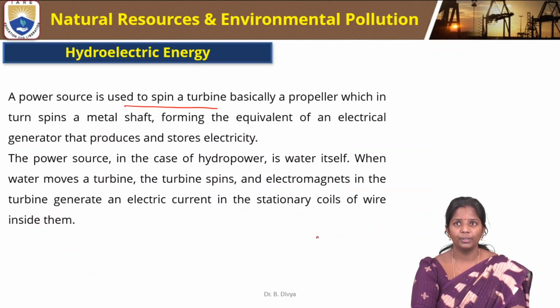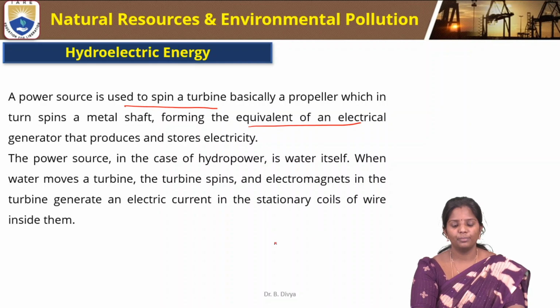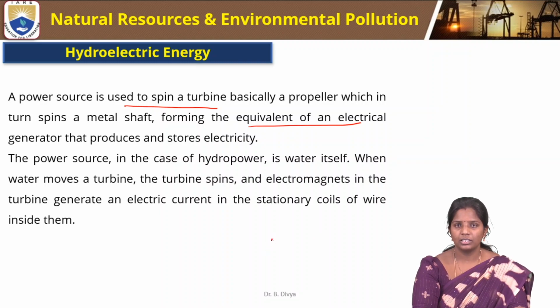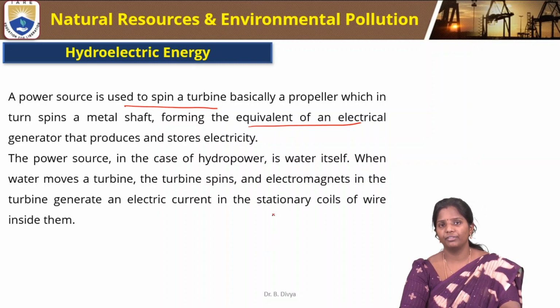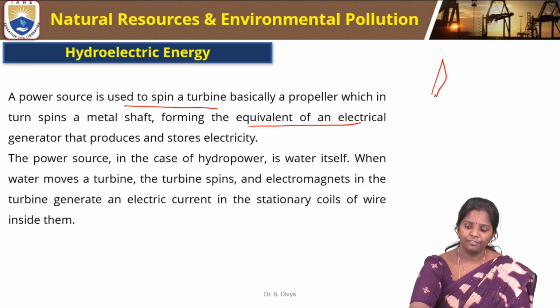Basically, a propeller will be present, which spins a metal shaft, forming the equivalent of an electrical generator, and produces electricity. Just similar to the wind turbine, there is also a turbine in hydroelectric generation plants, wherein the metal shaft will be rotating, and the rotating shaft will produce some energy.